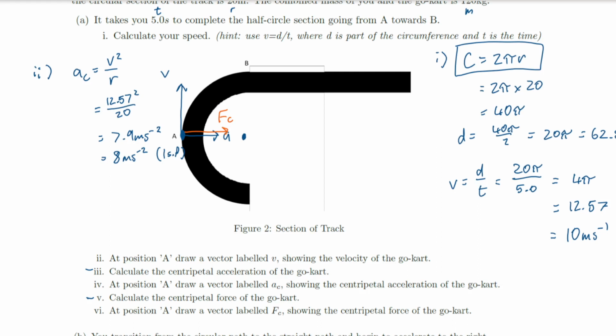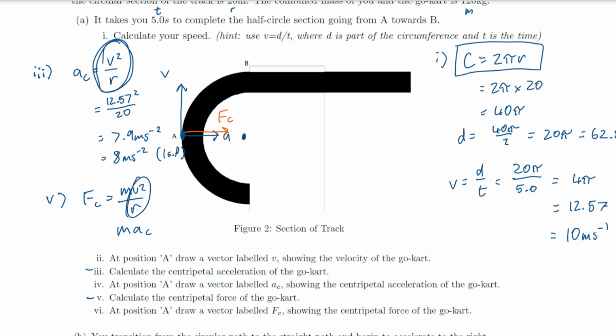And now part 5? Calculate the centripetal force of the go-kart. So we know centripetal force, in the formula book, you're given mv squared over the radius, and that actually just comes from mass times acceleration, where acceleration is the centripetal acceleration.